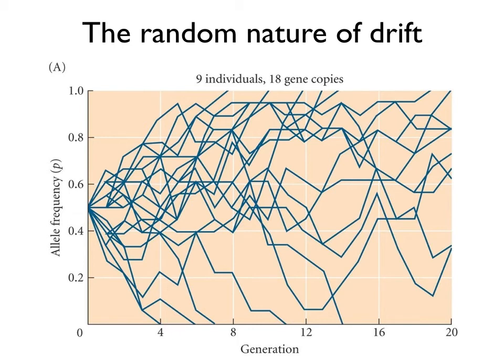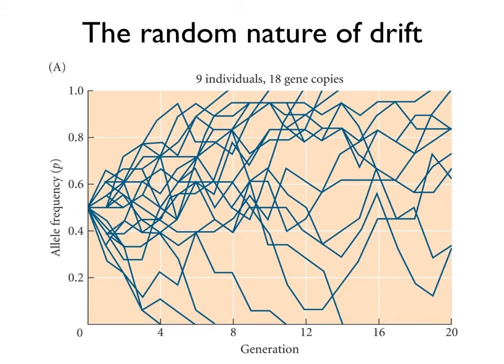So there are only 1, 2, 3, 4, 5, 6, 7, 8 of these simulations in which there's still both of the alleles in the population. In 5 of these simulations, the frequency of P crashed to 0, it's gone. In 3, 4, 5, 6, and 7 of these simulations, the frequency of P went to 1, and that necessarily means that the frequency of Q is 0.